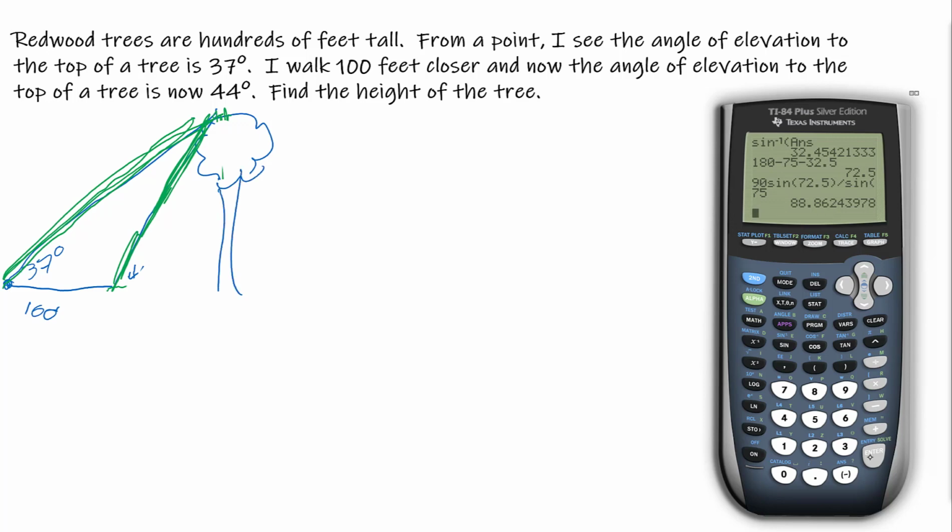So let's start with that. 44 degrees. So if this side is 44 degrees, then the actual angle inside the triangle is going to be 180 minus 44, which would be 136. And then if this is 37 degrees, and if one angle is 37 degrees, one angle is 136 degrees, that's 173, so that means this angle would be 7 degrees.